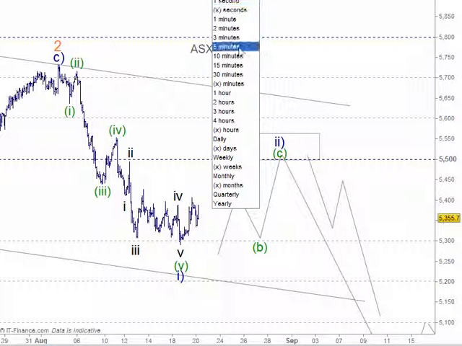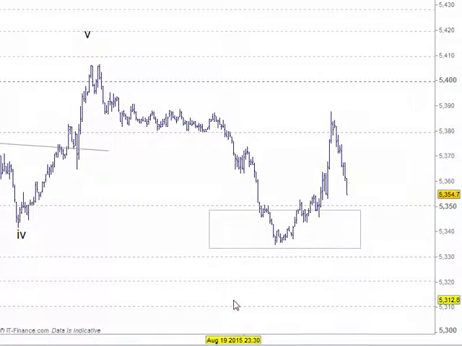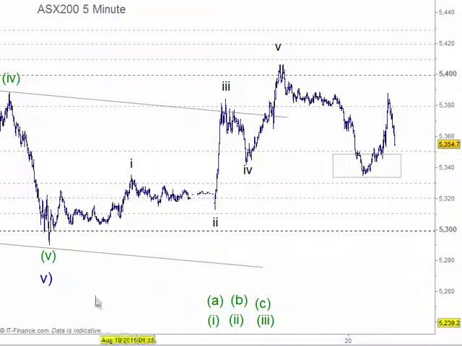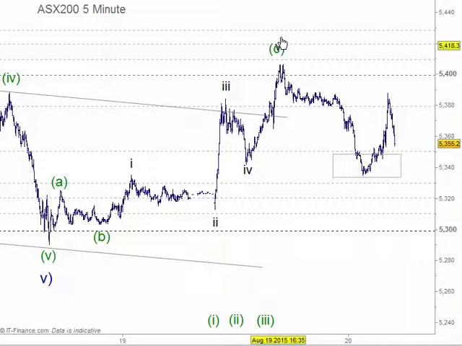The 5-minute chart here that we'd been working on previously, from this low here, one of the first things that I recognized was that this little move here was in 3 waves. So we can really place this out as a corrective move already, as an A wave here, a B wave here, and then 5 waves up here for the C wave to make a wave A up here.